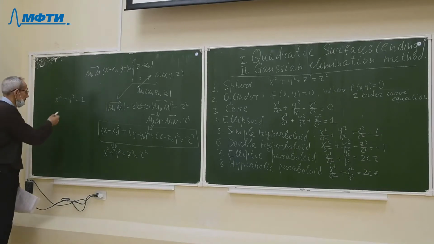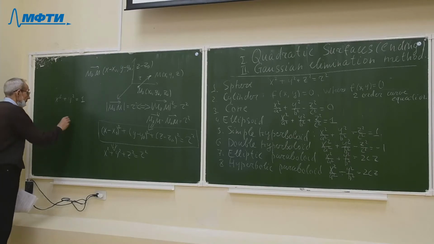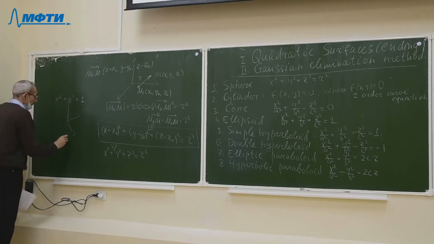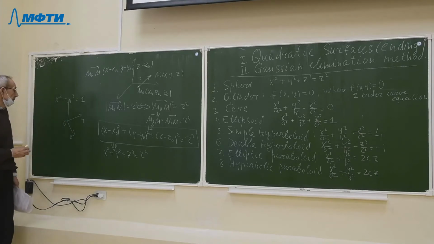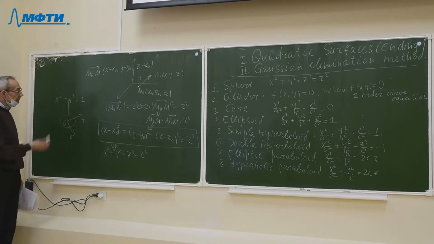In the plane, this equation defines a curve in the coordinate plane x, y, and in this case we have the circle. But in space we have a third coordinate z.